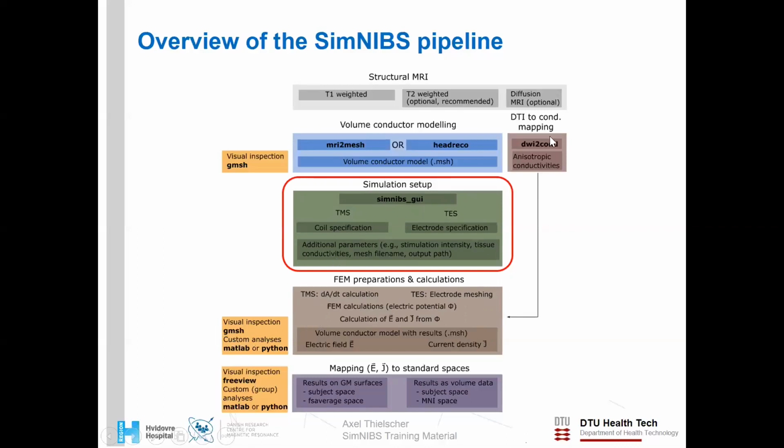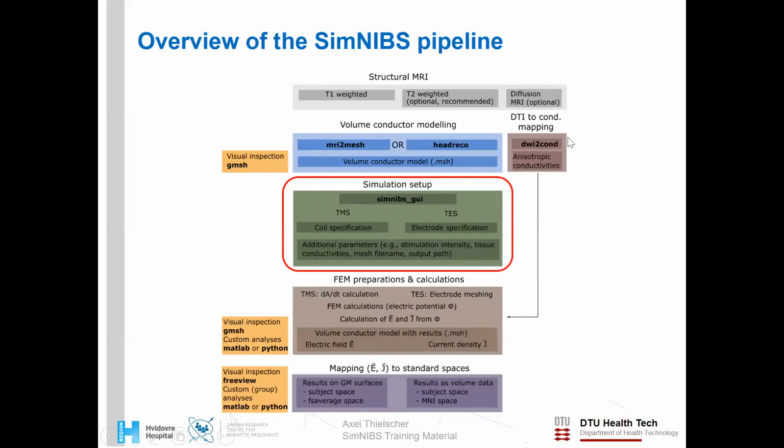If you want, you can also have information from diffusion tensor imaging, which can be helpful to inform you about the conductivity of the white matter compartment. Because white matter is very structured, has very structured fiber bundles.